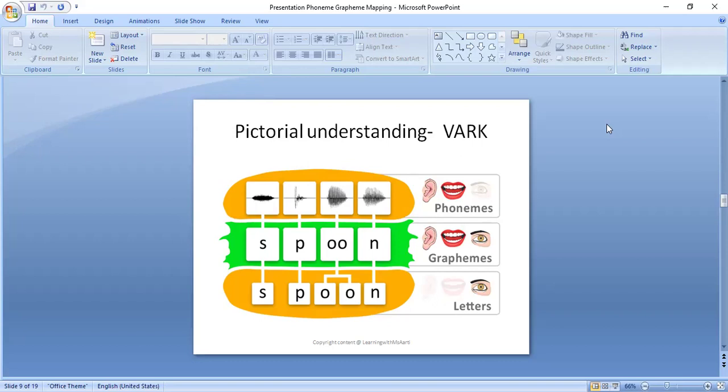That is a grapheme, that is mapping. But when I talk about the letters, it is a very beautiful example. I hope you are understanding. SPOON, when I'm talking about letters. But when I'm talking about graphemes, then I need to understand which two letters or three letters go all along together in that written formation.